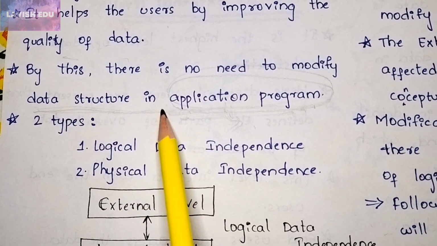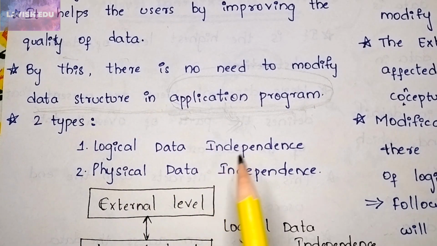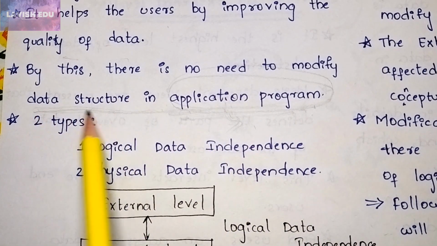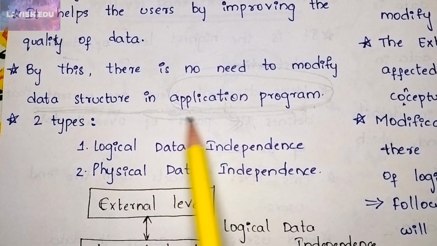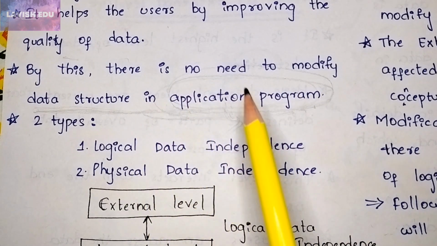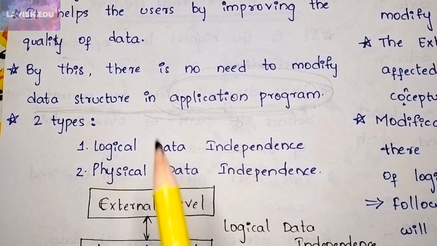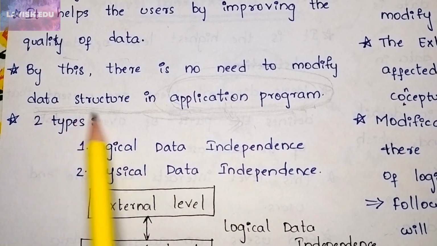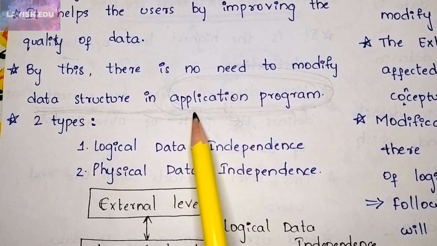Before the relational concepts were introduced in DBMS, the data structure was stored in the form of the application programs, and if we wanted to change any data, we had to change the structure in the application program as well.